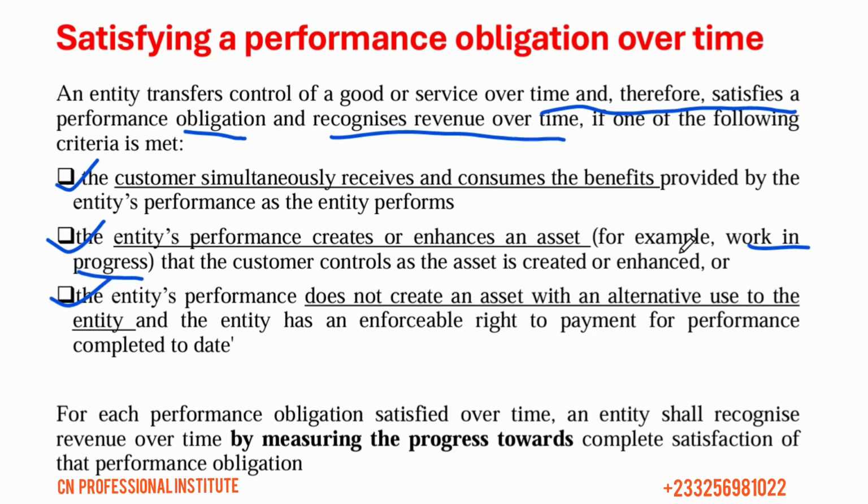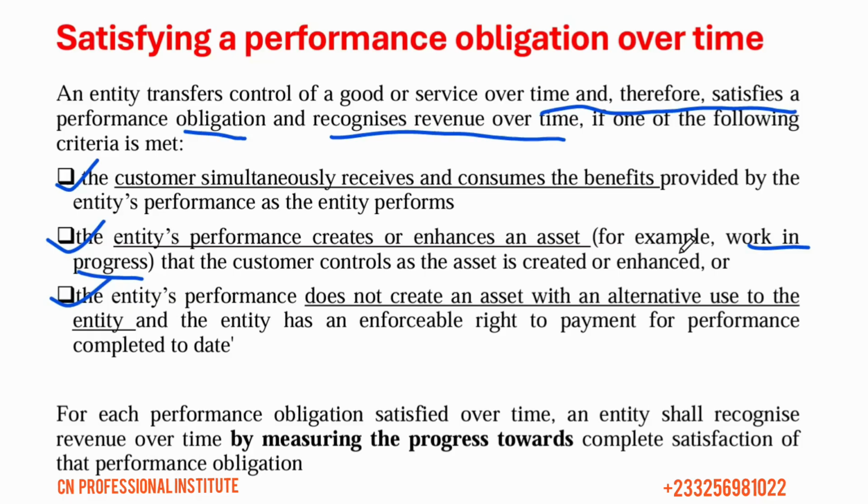So as you perform, you are creating an asset for that particular entity. You are creating an asset for the entity, and that asset has no alternative use. The entity's performance does not create an asset with an alternative use to the entity.